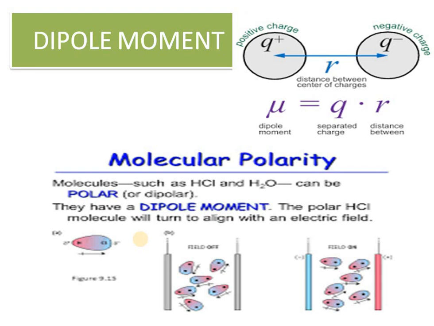It can sometimes be written as q into 2d or q into 2l, depending upon the representation given for the internuclear distance between the two nuclei. If HCl is there, it is polar, dipolar. Dipole means two poles will be there, positive and negative charge.